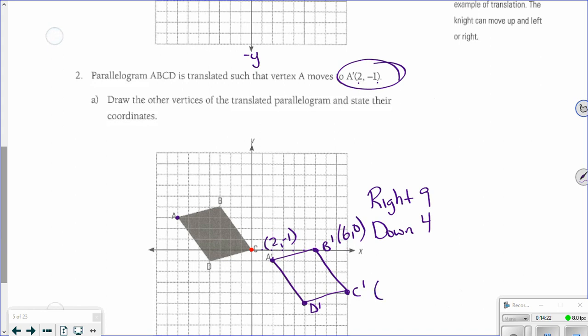C prime is going to be 1, 2, 3, 4, 5, 6, 7, 8, 9 to the right, and down 4, so minus 4 for the Y. And then D is going to be right 1, 2, 3, 4, 5, and down 1, 2, 3, 4, 5. Those are my coordinates of my new parallelogram.